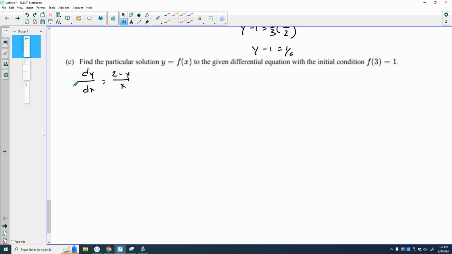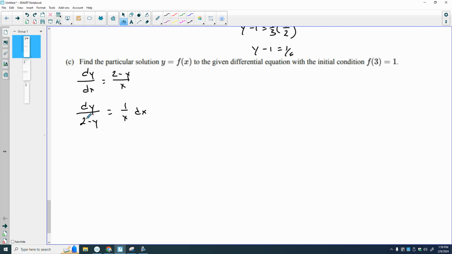Put all the dx's on one side, put the y's on the other side. So we have dy over 2 minus y equals dx times 1 over x. Let's put the 1 over x first. Equals 1 over x times dx.